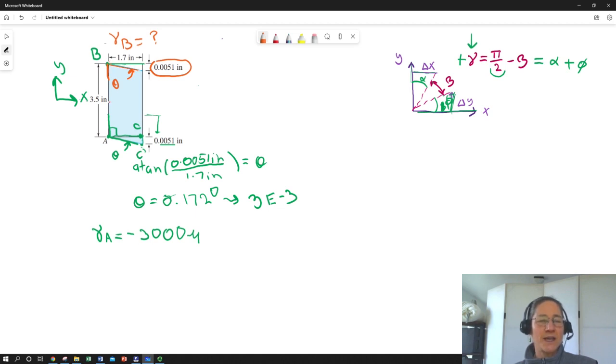Rather than being 90 degrees, angle ABD was 90 degrees, going to an angle ABD prime that is less than 90 degrees. So we have positive engineering shear strain at point B. It's the same magnitude that we had at point A, but the opposite sign. So we have 3,000 microstrain engineering shear strain at point B.